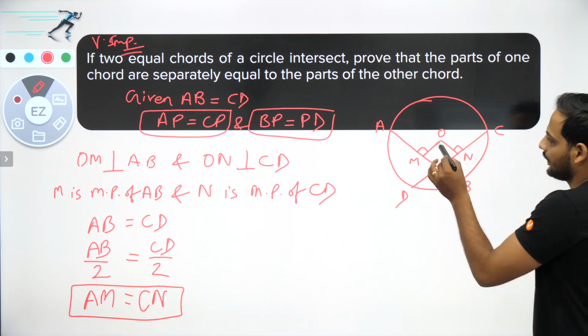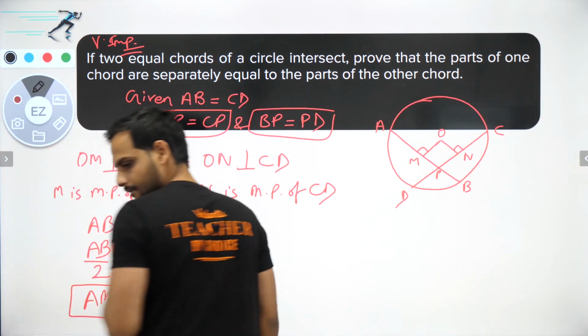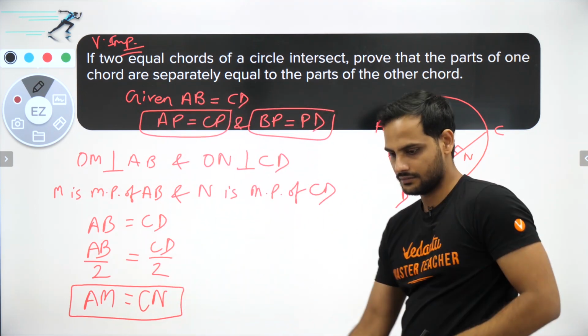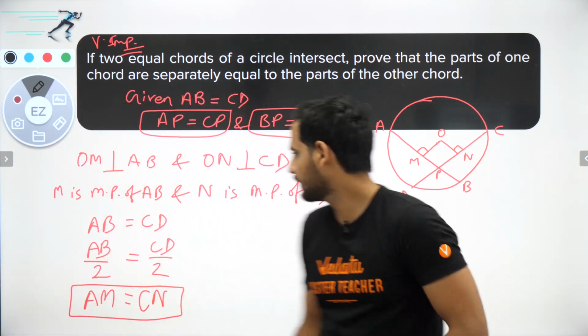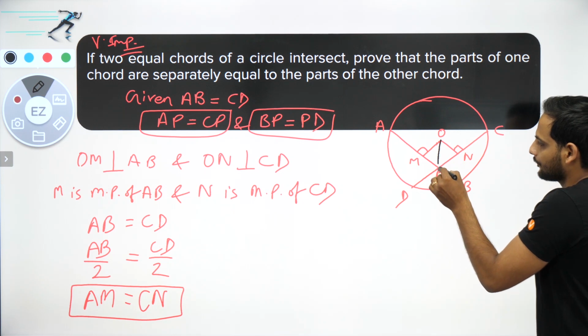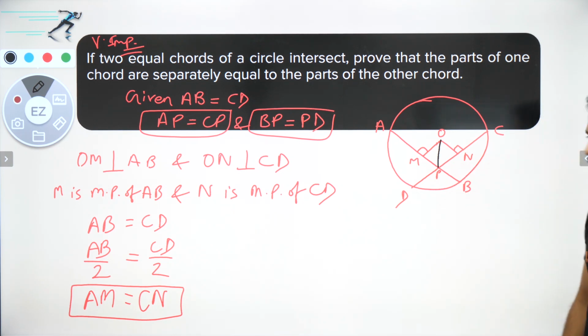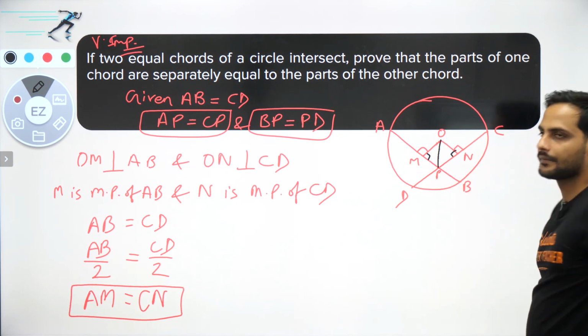Now let's move ahead. Let us join this O to P. You know this angle will also be 90 degree, this angle will also be 90 degree.